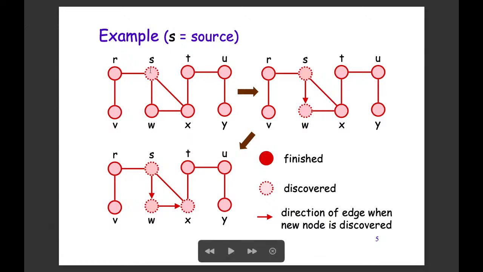Another big difference between BFS and DFS is that for BFS, we will have jumping. After we have visited R, W, X, we can then visit V, and then we can visit T. So we can jump from V to T, right? But for DFS, it's interesting. DFS is like we are always walking along the edges connecting the nodes to each other.